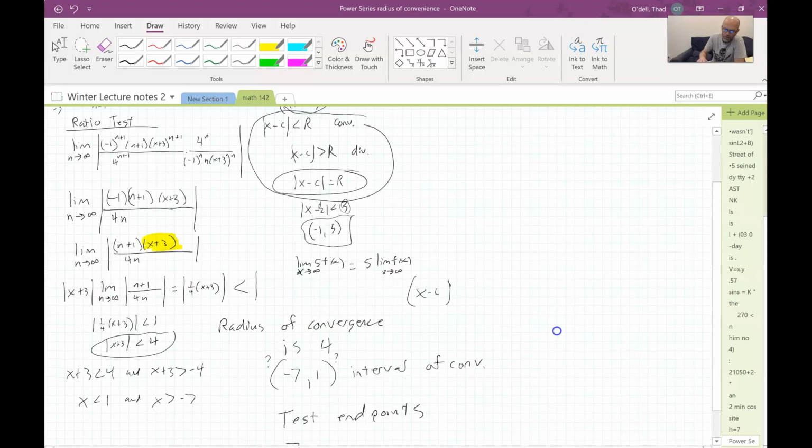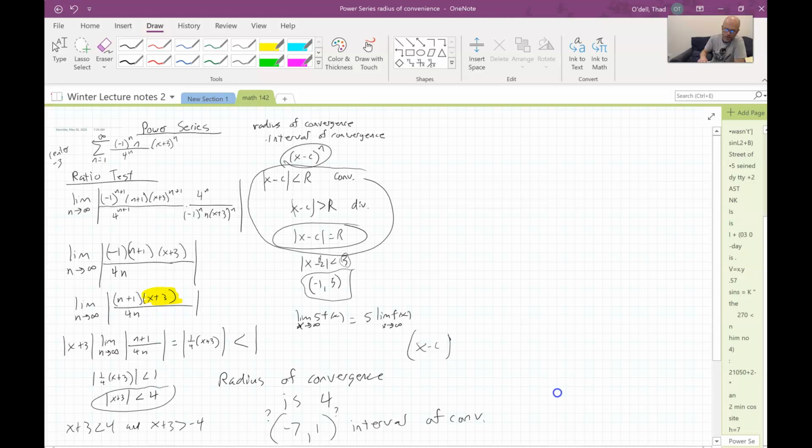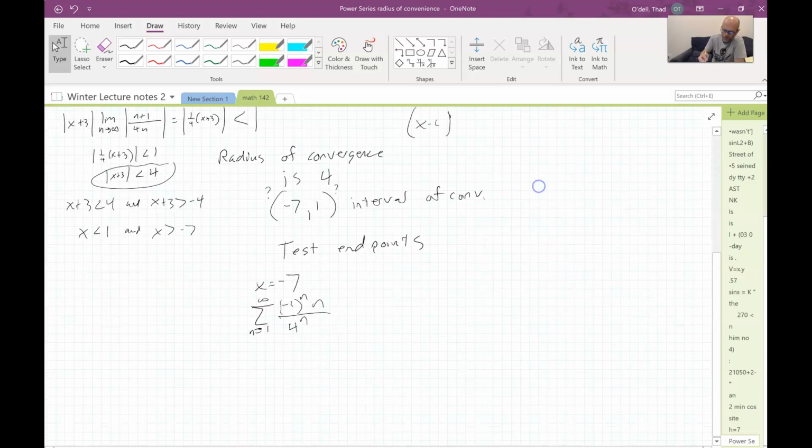And notice when we put -7 in for x, we get -4 to the n.